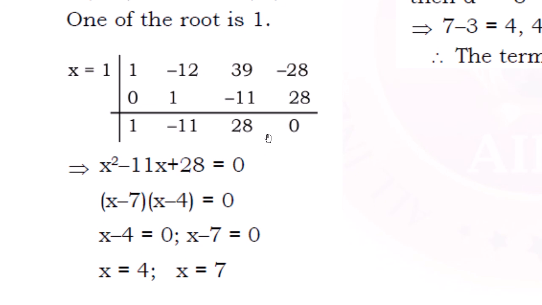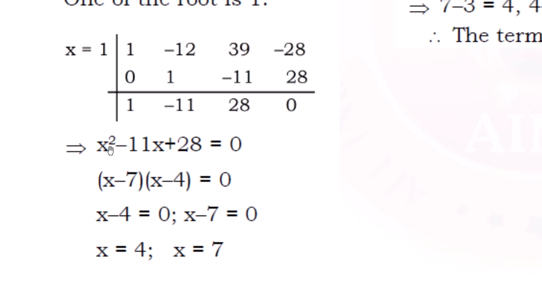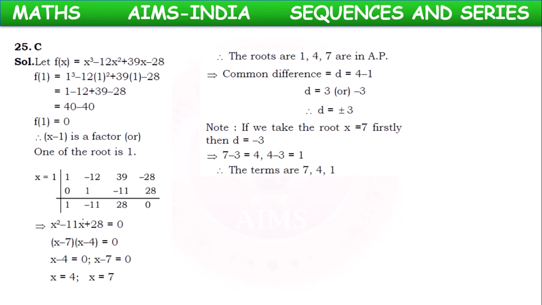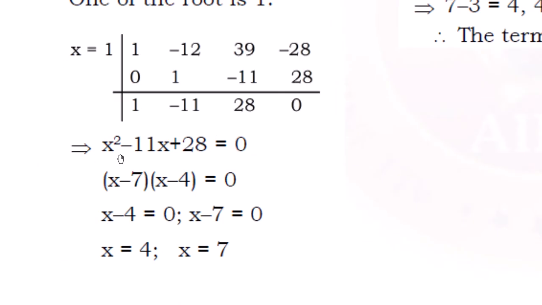With the coefficients in the quotient, we can frame the equation. So 1x square minus 11x plus 28 equals 0. And this expression again can be split into two factors.